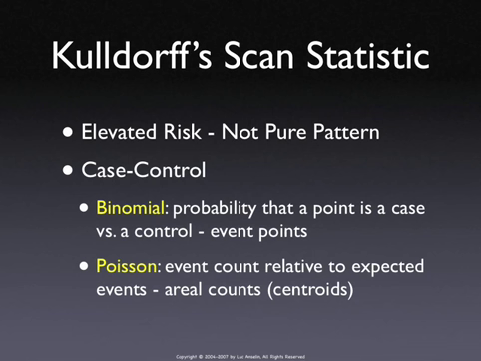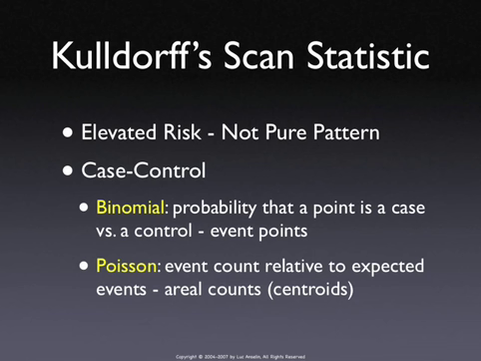So it's not really pure pattern in terms of what we did before, where we were just looking at the points as events, period. This only really works when you have two kinds of points, one being the cases, the other being the controls. And there's two statistical settings here that each will lead to a different distribution and a different test. The one is called the binomial setup.